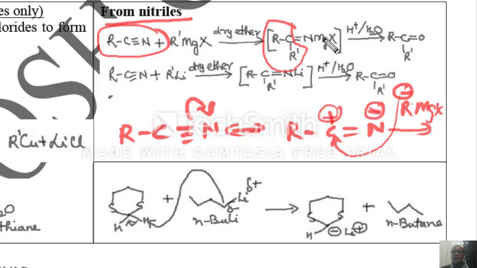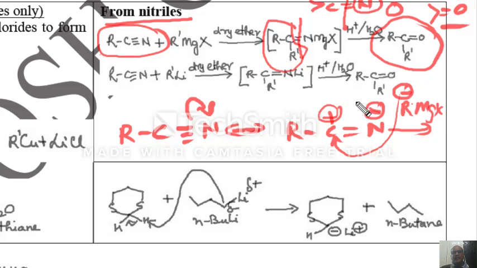Obviously, the MgX of the RMgX is going to get attached to this, and then I hydrolyze it, right? Again, we are going to see in this chapter that when we hydrolyze it in the presence of water or using any acid, this N shall get converted to oxygen, right? So it is becoming RCOR dash.